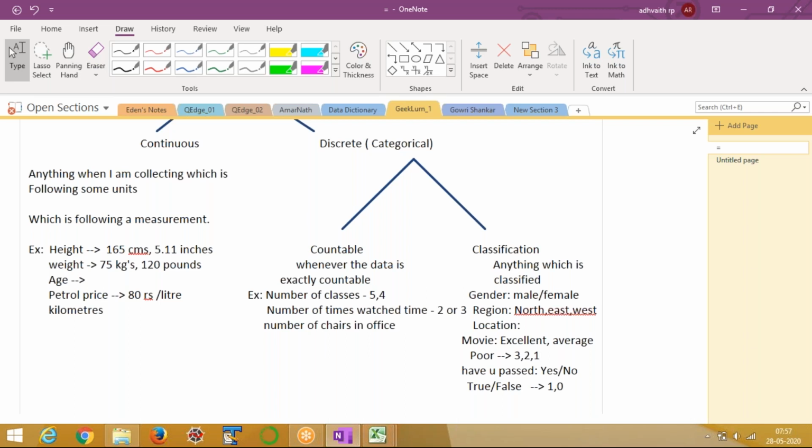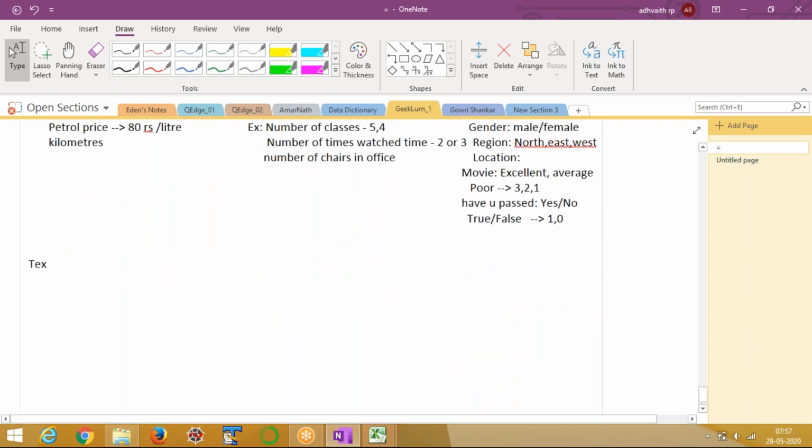Whichever data you take, you need to realize what data type it comes under. According to the data type, you take the necessary steps of analysis. There is also text data. At present I am not talking about text data, because currently I am concentrating on structured data analysis.